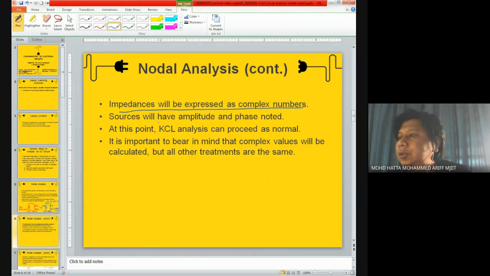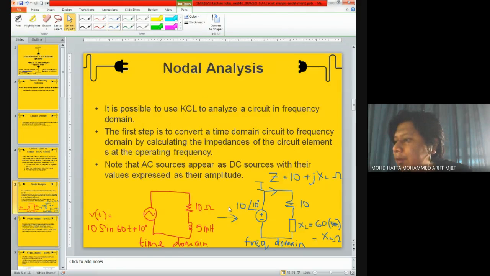And sources we represent with amplitude and also phase. You see over here we have the amplitude of our voltage source, and also the phase or angle of our voltage source.